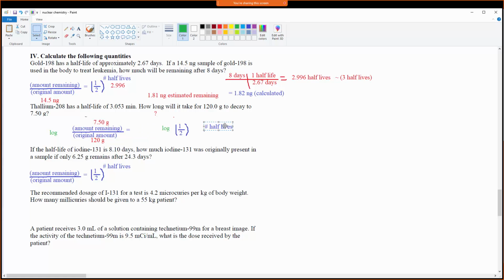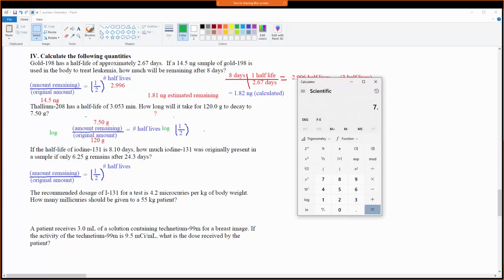It's just a property of logs. And now we can solve for this problem. 7.5 divided by 120. Okay, take the log of that. And now we're going to divide that by the log of 0.5. And that gives us the number of half-lives, which is 4.